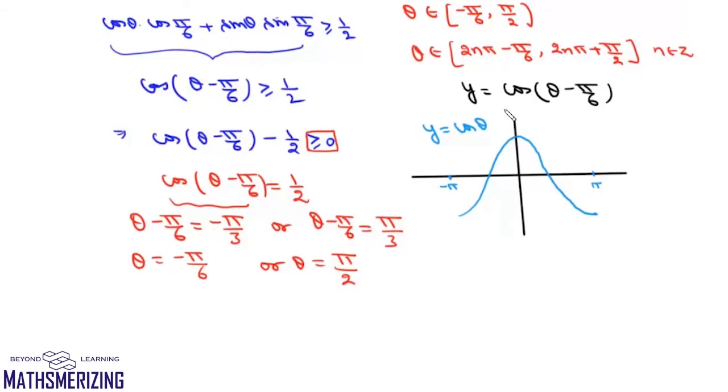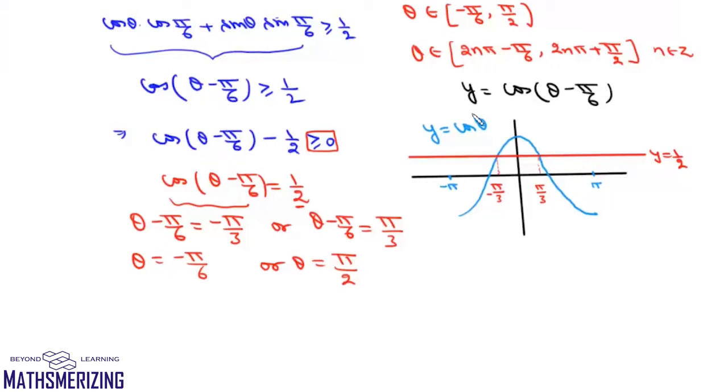Now what we'll also do is draw the line at y equals 1 by 2. So we'll draw this line, and we'll find the points of intersection. So these points of intersection are minus pi by 3 and plus pi by 3.